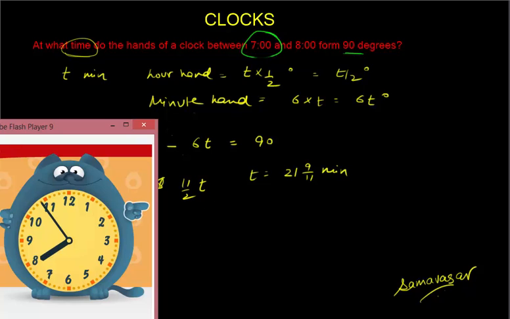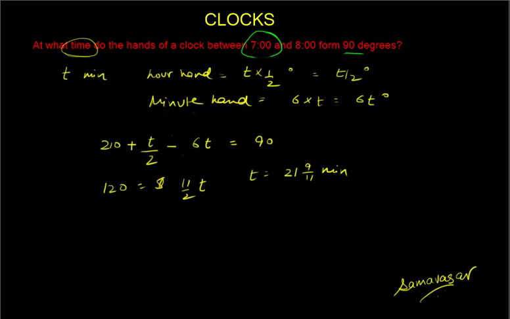So in this case, we take the distance traveled by the minute hand, that is 6t, and from this we subtract the distance traveled by the hour hand, that is t by 2, and also we subtract the initial angle.